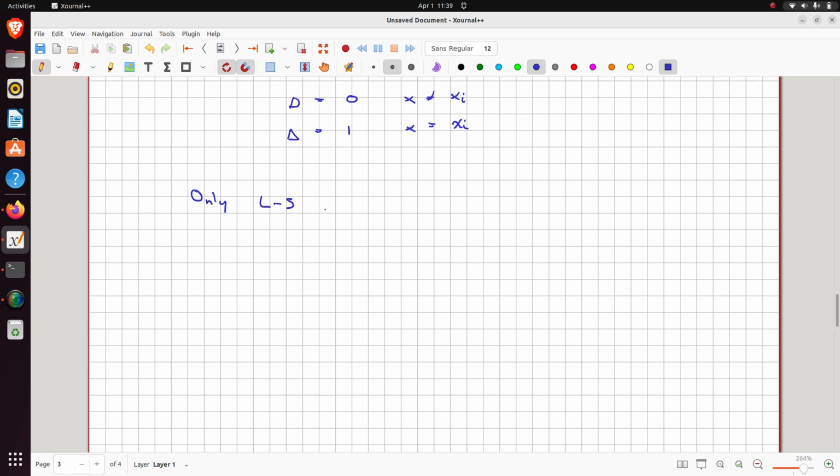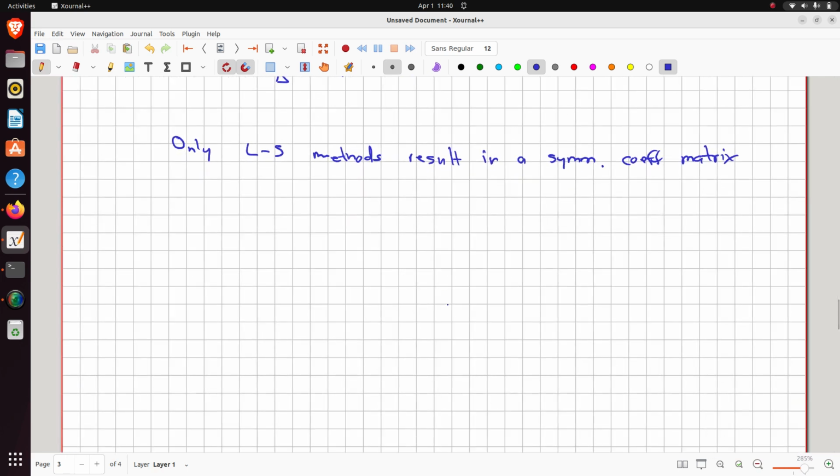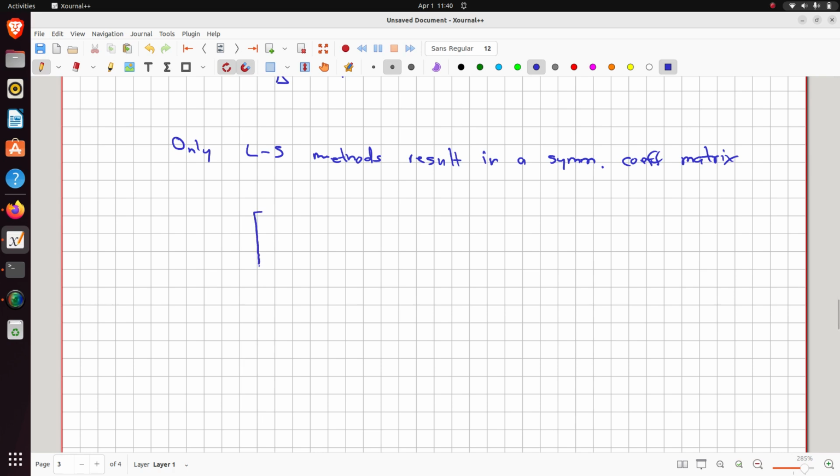So only least squares methods result in a symmetric coefficient matrix. Now, I didn't write down what the coefficient matrix was for the problem we solved, but had I written it down, or I'll write it down now, you'll see that it was this.